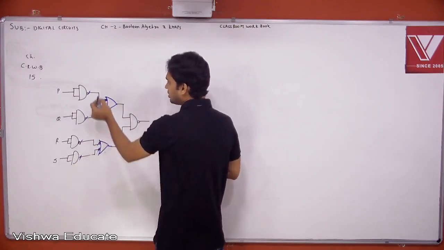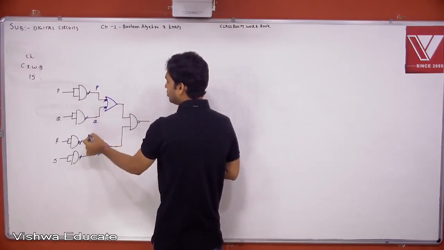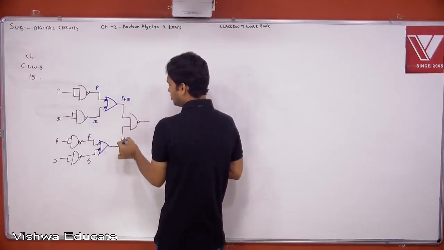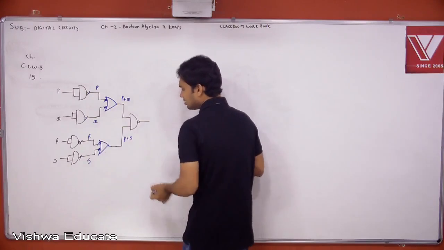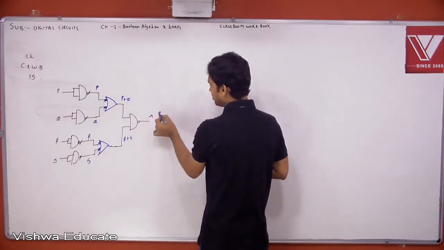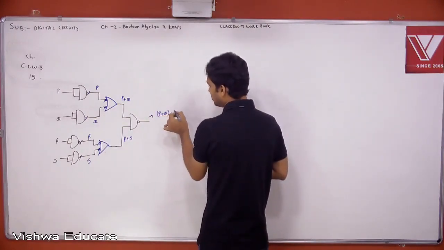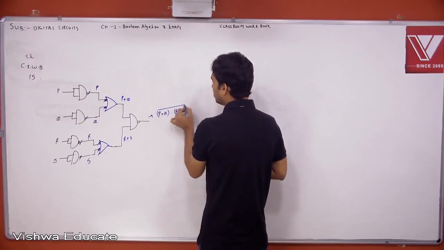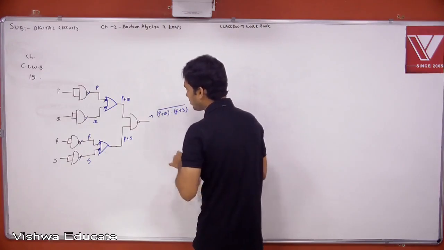Then what is the answer? P, Q, R, S. So it is P plus Q, R plus S. Now what is the output? P plus Q into R plus S whole bar.